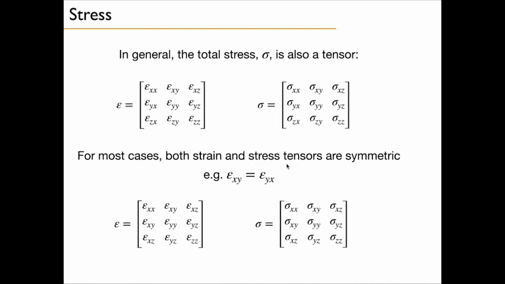So we can simplify from 9 components to 6 independent components in both cases. So you should notice that here you have xz, zx, xy, yx, yz, zy, and if you assume symmetry, both these components are equal to each other.